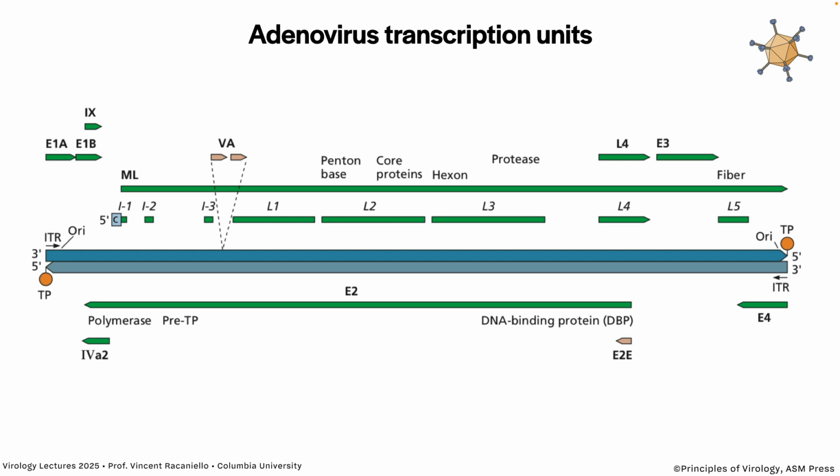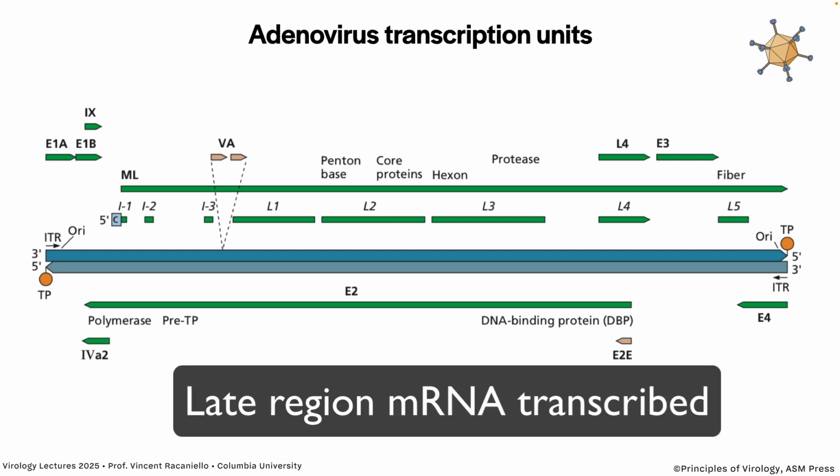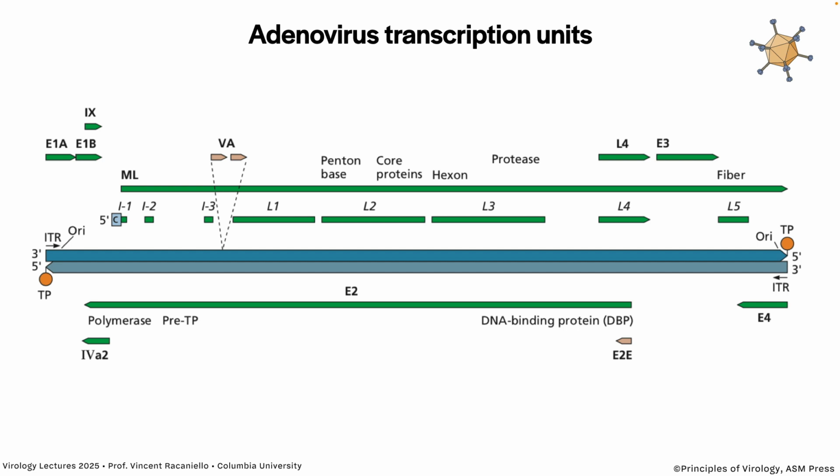And so you have early region protein mRNAs transcribed, and you have late region proteins transcribed. So in fact, there are immediate early and early, as well as late proteins. These include, on this strand, the DNA binding protein, the DNA polymerase, everything you need to replicate DNA.